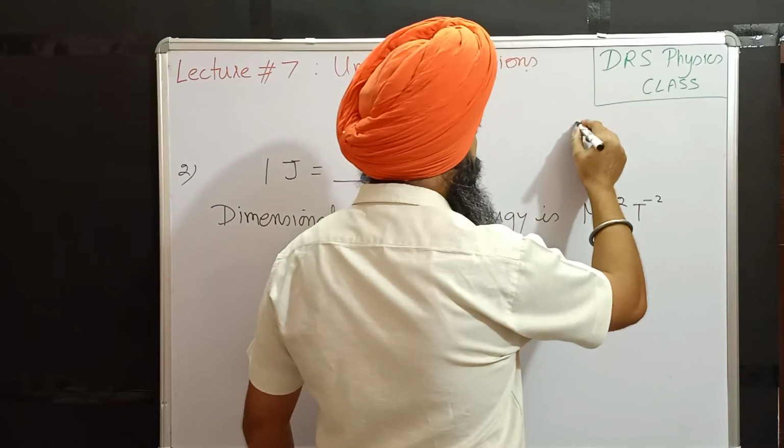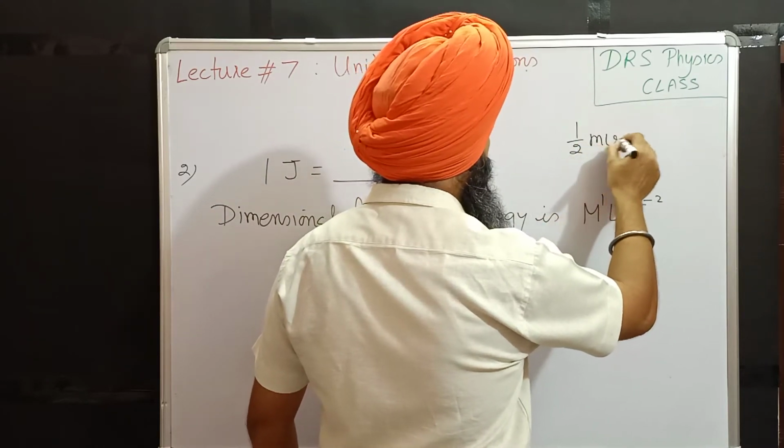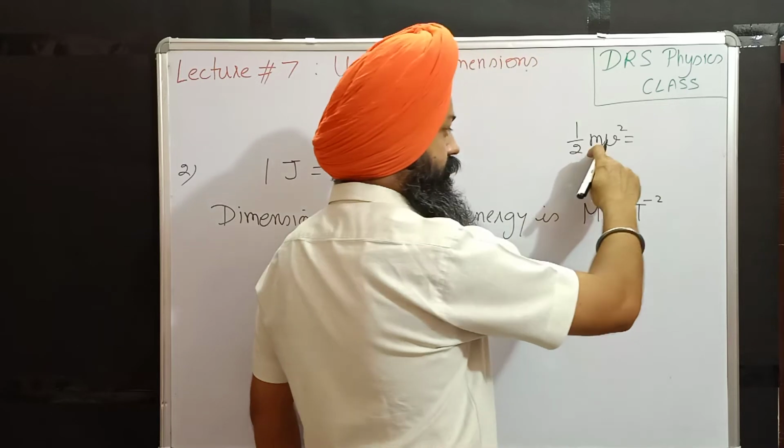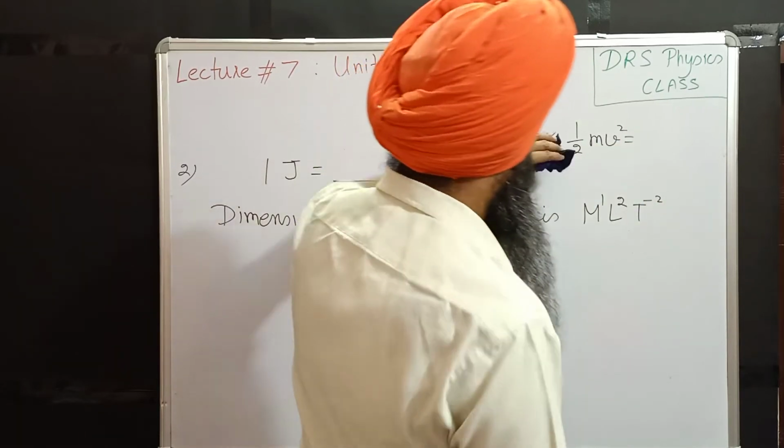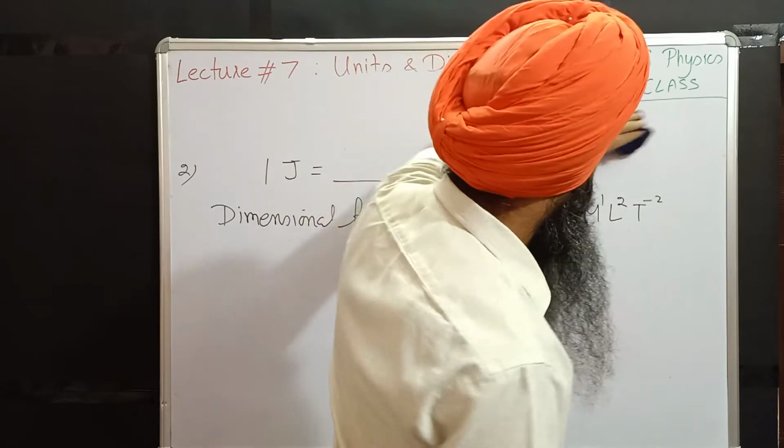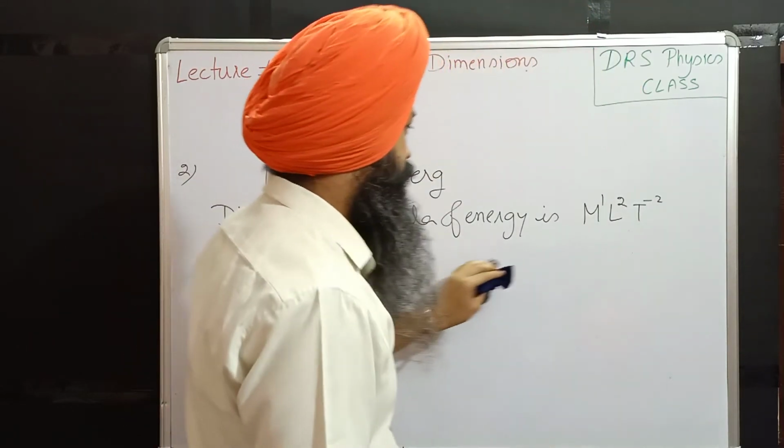You can practice it in rough work: half mv square gives M1, L square T minus 2. You can find this dimensional formula from any of the relations of energy.